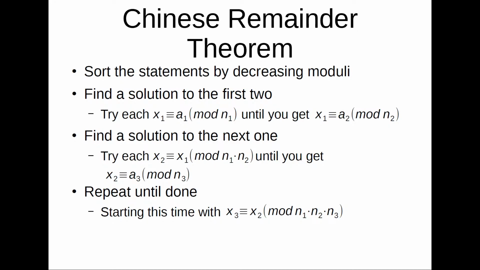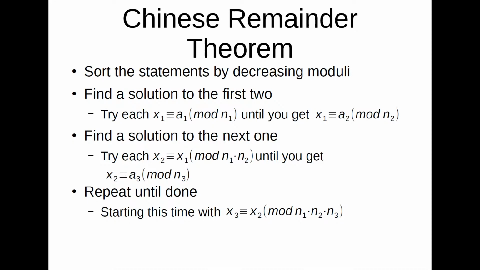One way to solve it, which is an inefficient method, but it's fairly easy to do by hand, is you first want to sort the statements by decreasing moduli, and you'll first find a solution to the first two, so that you try each x1 that's congruent to a1 mod n1 until you get an x1 that is also congruent to a2 mod n2.